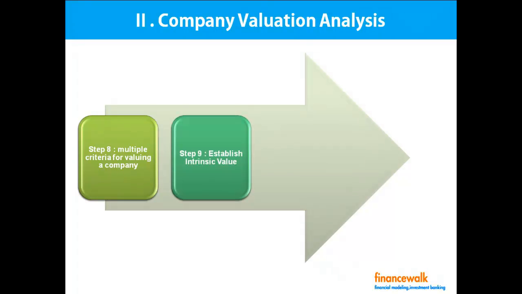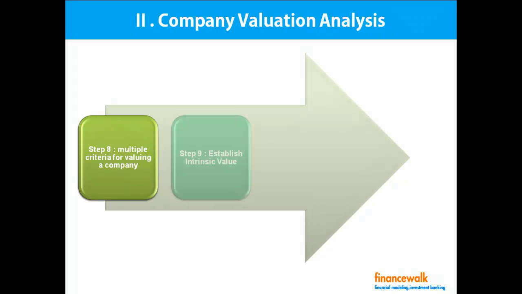Relative valuation, which we have already covered in a previous module. Then sum of the parts valuation and risk assessment, that is, the analyst incorporates a risk premium to derive a valuation. So as an analyst you should use multiple criteria for valuing a company, and you should not focus on any one valuation multiple.